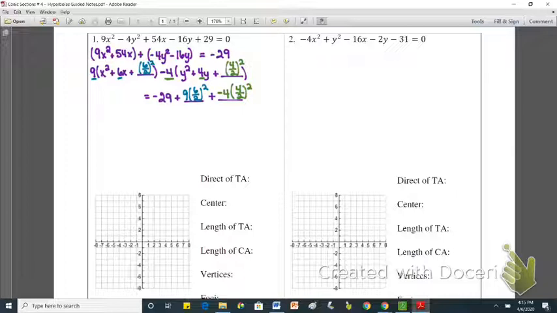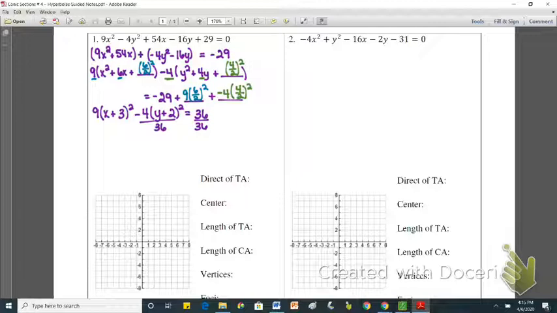So from here, we're going to factor. Bring down my 9, bring down my letter, bring down my sign. Half of 6 is 3, square on the outside. Minus 4 times y plus 2 squared. When I combine all of those like terms, I get 36. Just like yesterday, it's not done until it's equal to 1. So I'm going to divide everything by 36.